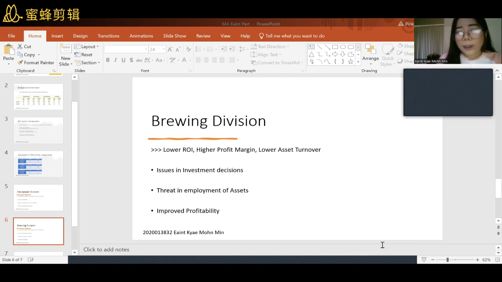Also, because of lower asset turnover, there is a threat in the employment of assets. We have to make better use of assets in the future. However, the high profit margin means that the profitability has increased overall for the current year than the previous year.